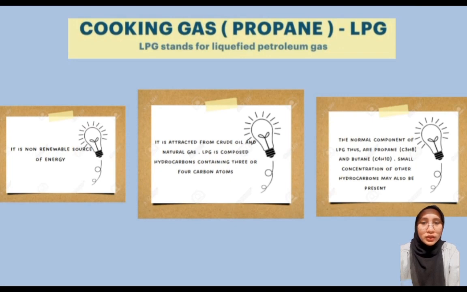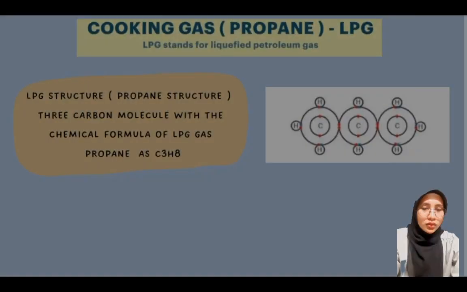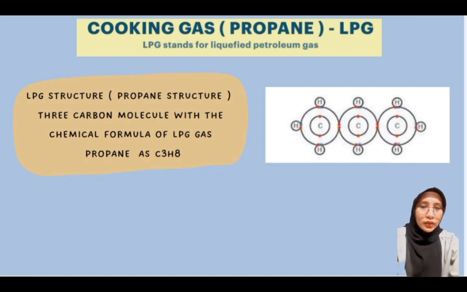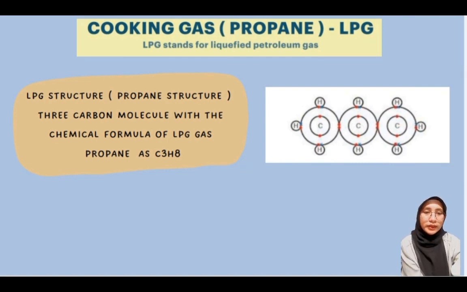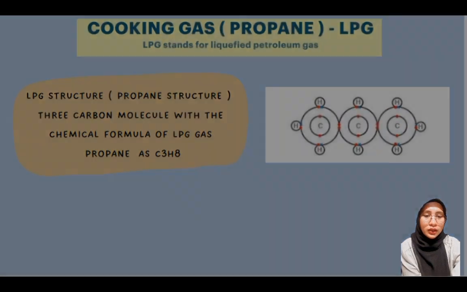Small concentrations of other hydrocarbons may also be present. So, the picture shown refers to the structure of propane. From the structure, we can see that there are 3 carbon atoms, giving the chemical formula of LPG gas, propane, as C3H8.